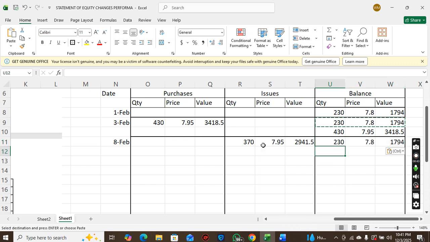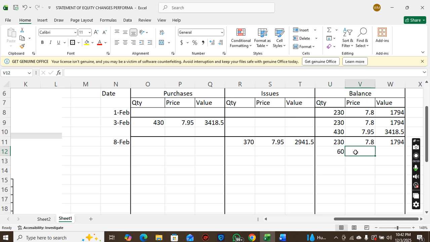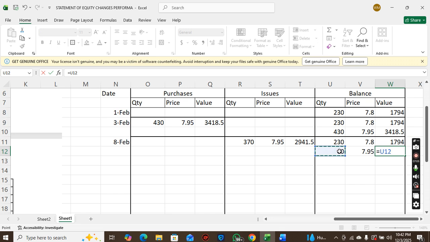We removed 370 units from these 430 units, so 430 minus 370 leaves 60 valued at 7.95 kwacha. Any questions?